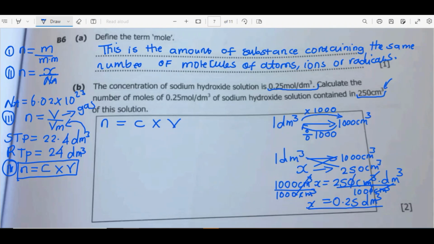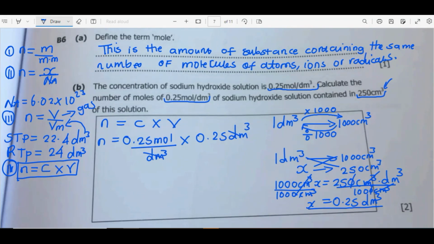We can now go back to our formula. Number of moles is equal to concentration, which is this number, 0.25 mole per decimeter cubed, times the volume, which is 0.25 decimeter cubed, which we can cancel.